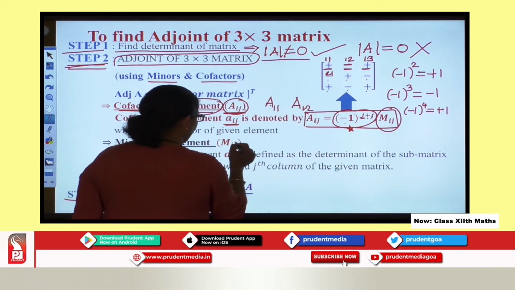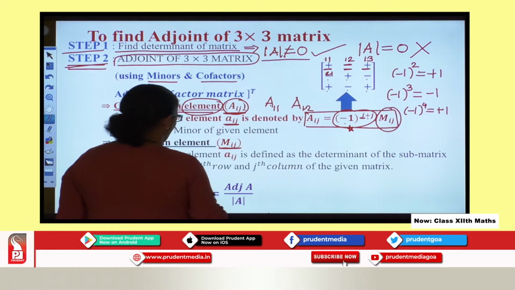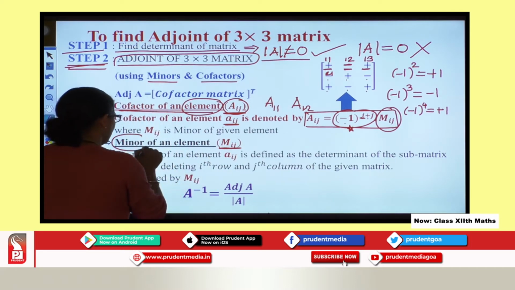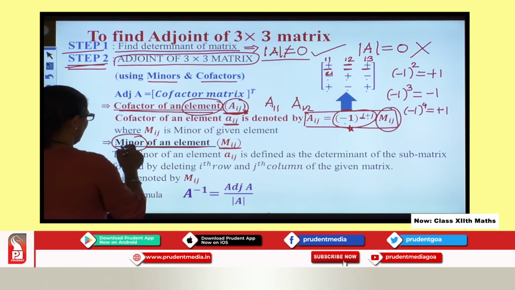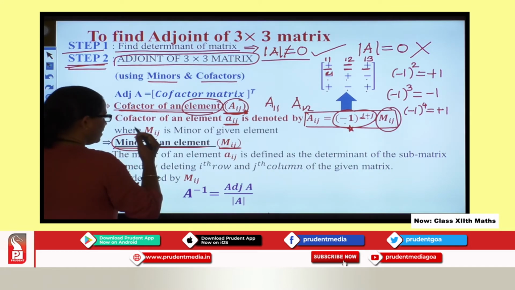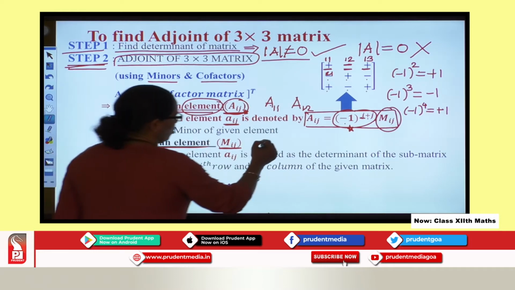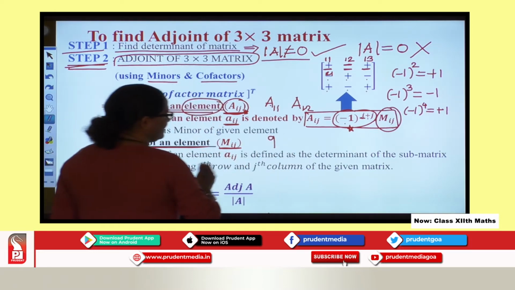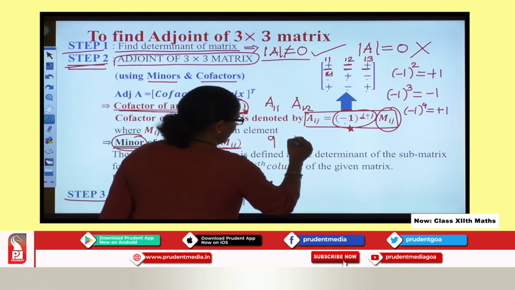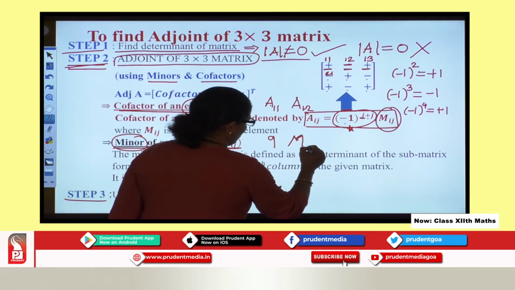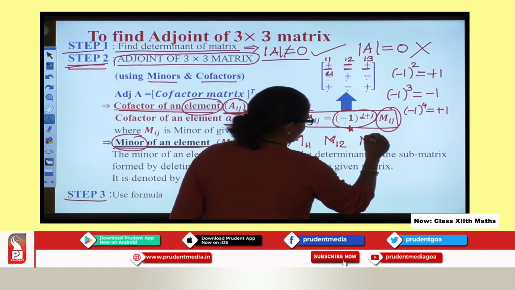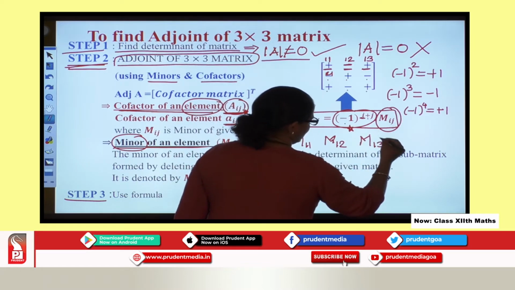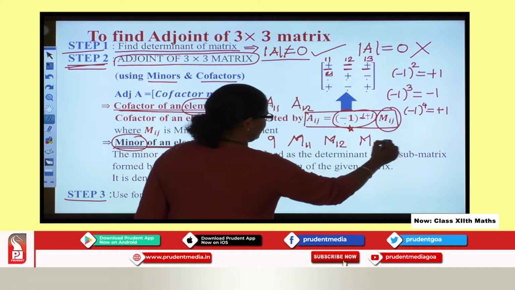And here you get Mij. Now what is this Mij? Mij is nothing but the minor of the given element. So here I talk about the minor of all these elements. There are altogether 9 elements, so I will have 9 minors, starting with M11, M12, M13, and this is my first row.